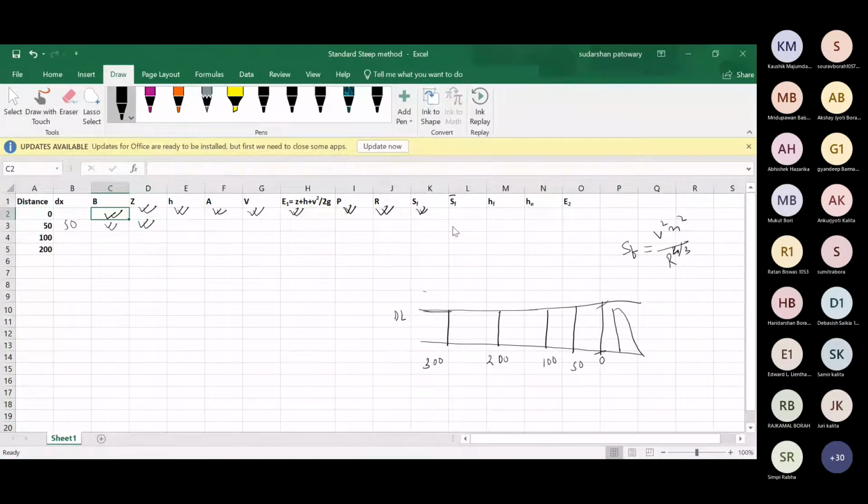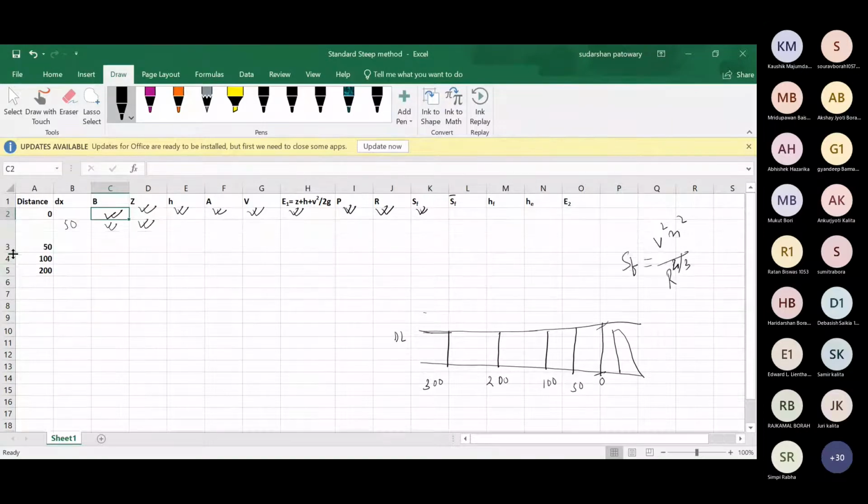HC is not known here, because initially at section 1 we know the depth, but here we don't know the depth. Only we have considered the 50 distance here.